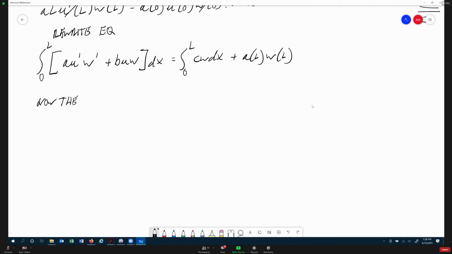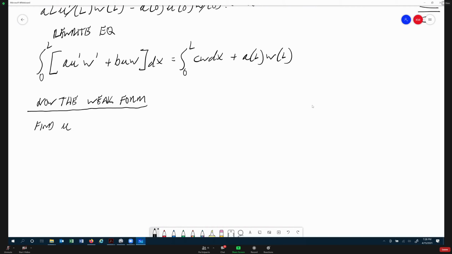Now the weak form. And you have to write out this whole thing here.